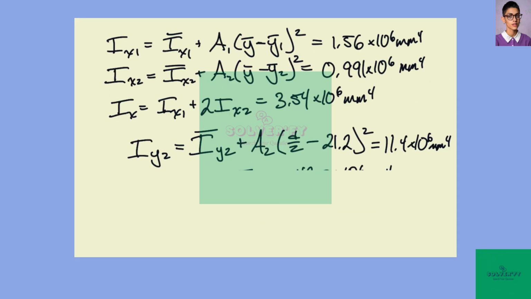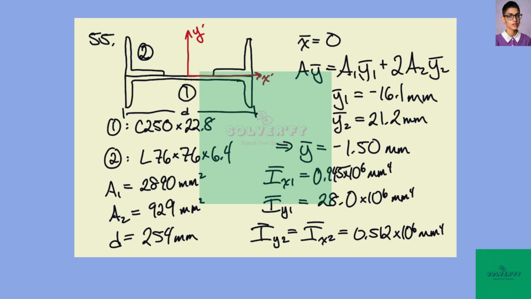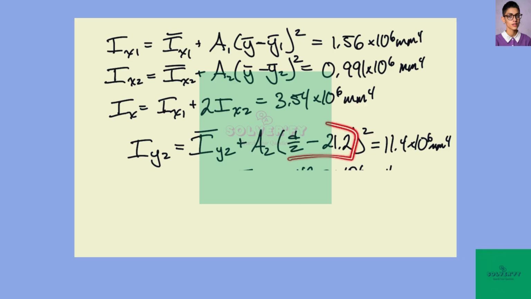But then we know that the centroid in the x direction is also this value, so we have to come back, and so that's the distance from here to here, is this value here. And we know all this, so we can plug in and we get 11.4 times 10 to the 6 millimeters to the fourth.